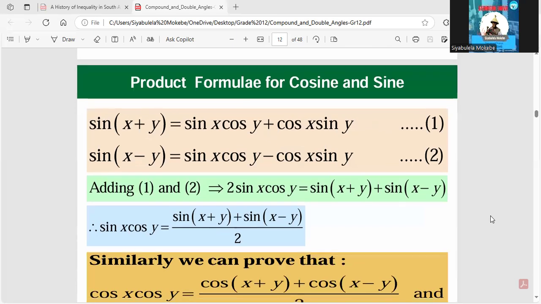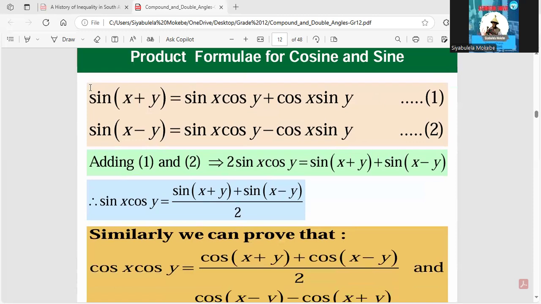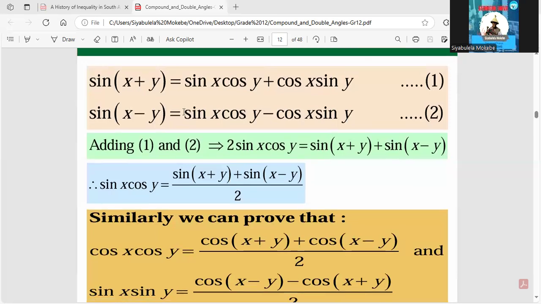Okay, so now if we take sine(x plus y) and we expand it, and sine(x minus y) and we expand it, if we add those two equations, right, we'll end up with 2 sine x cos y, because negative cos x sine y will cancel out with positive cos x sine y.